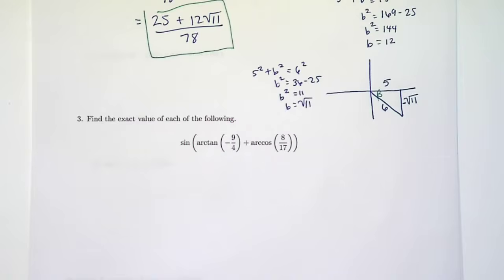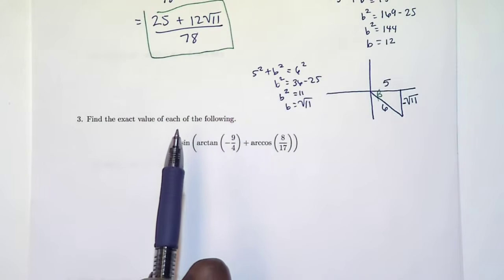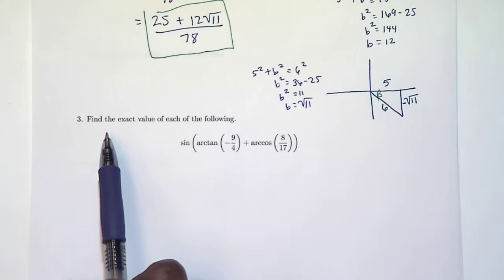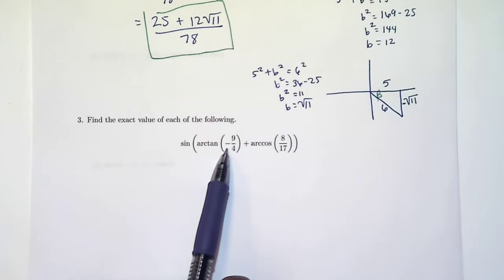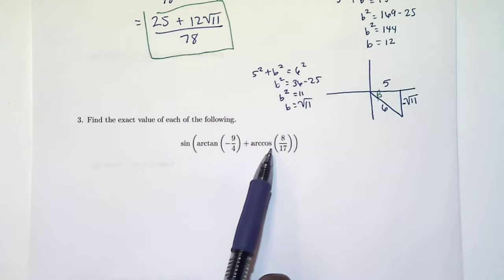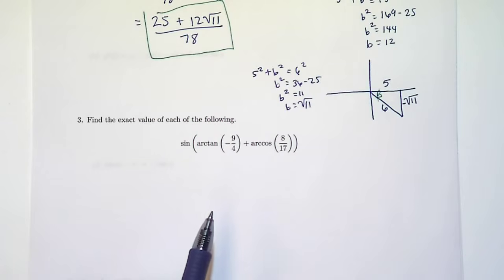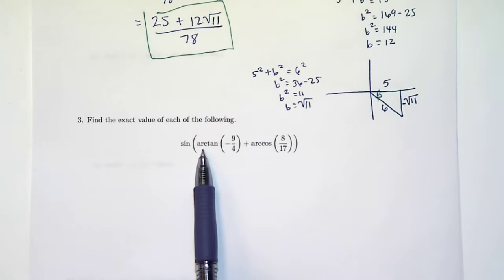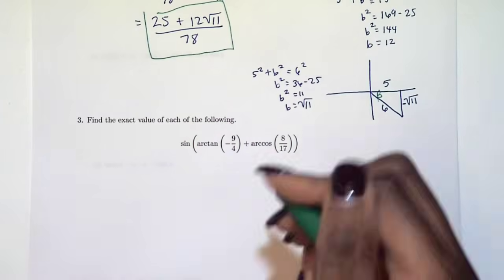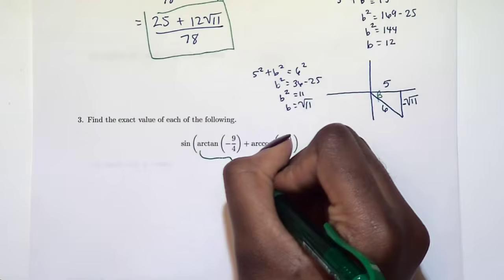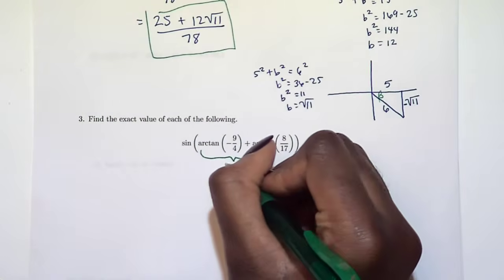We want to find the exact value of the following. We've got sine of arctangent of negative 9 over 4 plus arc cosine of 8 over 17. Again, let's think about what we're working with here. Arctangent and arccosine are angles, so two angles added together is another angle. We're really just finding sine of theta.